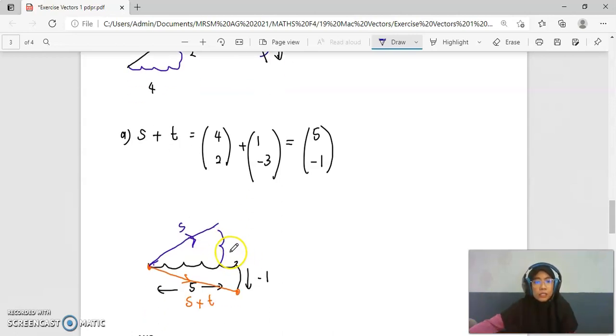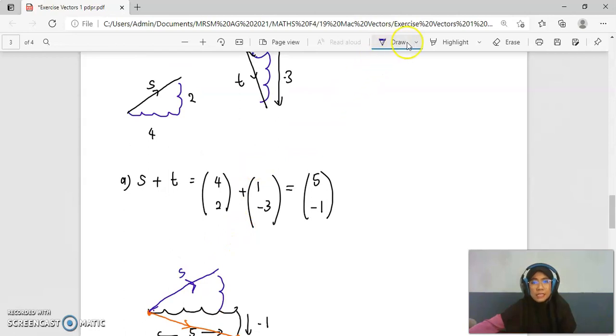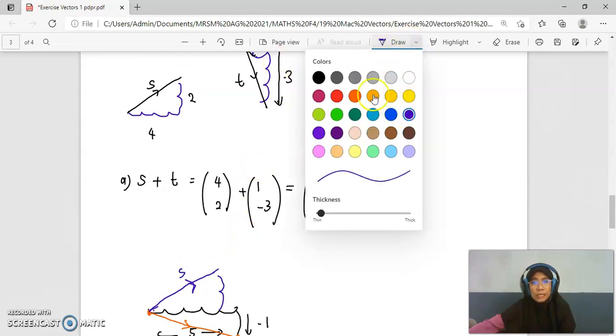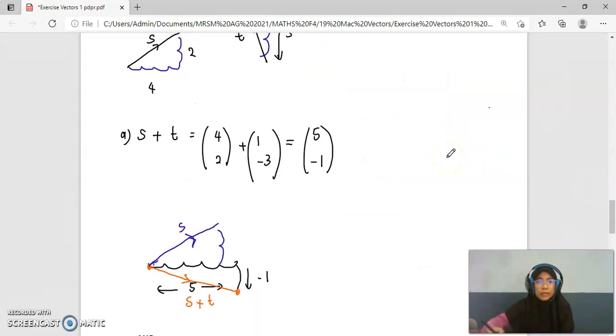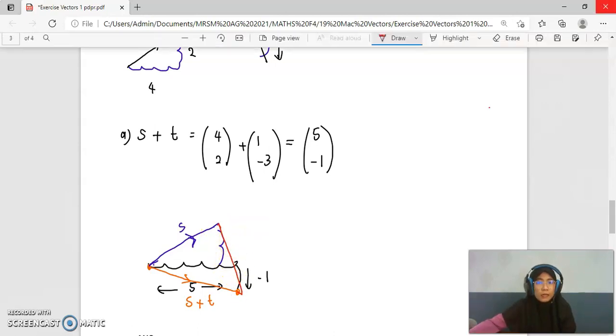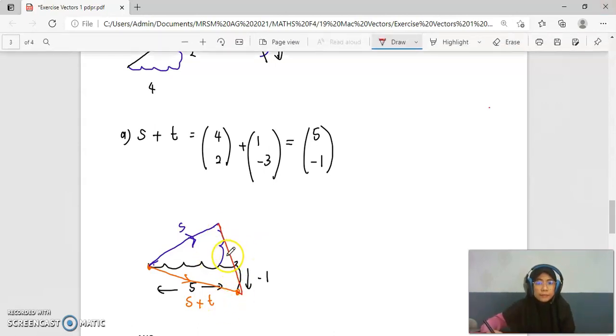Okay, so this one is s. Okay, t, where is t? t is negative 1 and 3 downwards. Okay, so the part of t is actually here, because this is 1, 2, 3, so this is t. Okay, part of t.